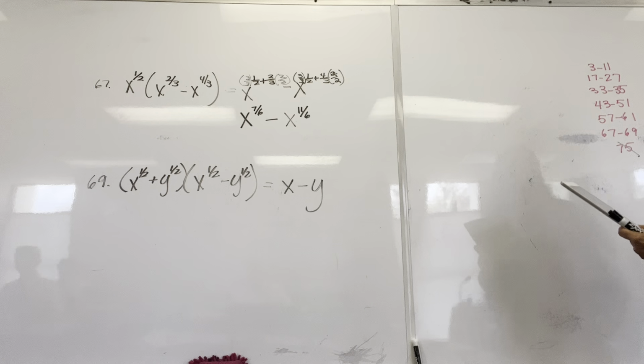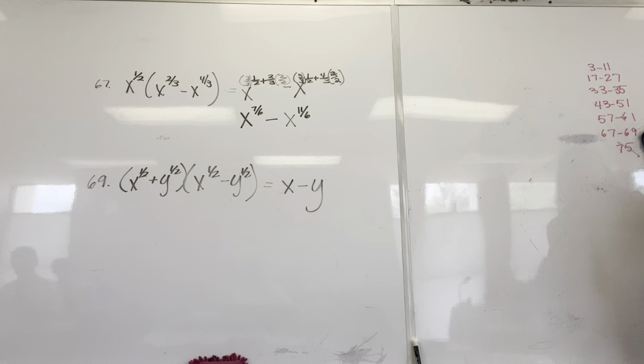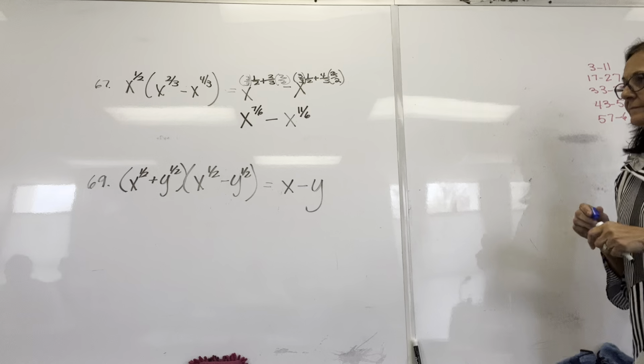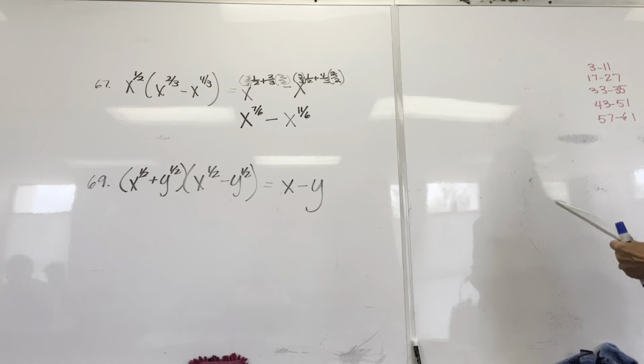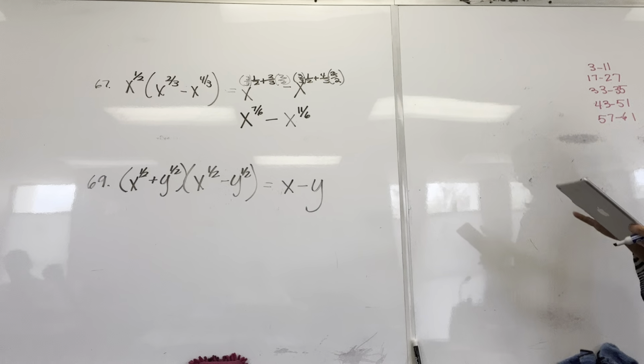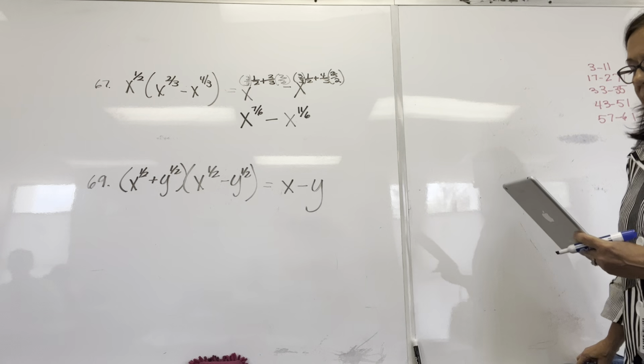Okay, did y'all get those two right? Y'all see how I get the solutions? We start at number 1. If you're finished, go to 57, 59, and 61. I want you to write the expressions without radicals.